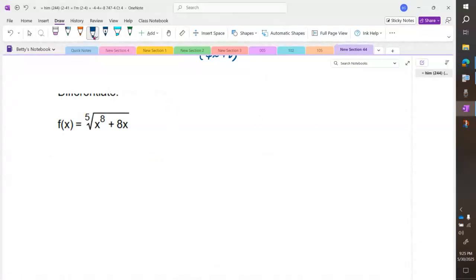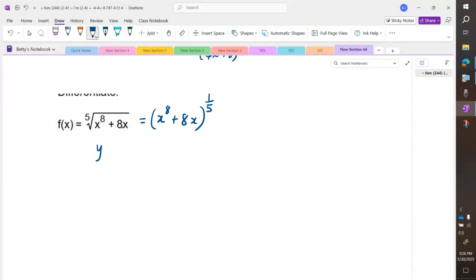Okay, so the function is in a radical form. We are going to rewrite that in exponential form. x to the power 8 plus 8x, to the power of 1 over 5. The index 5 is in the denominator of the exponent. And we can try the chain rule, right?